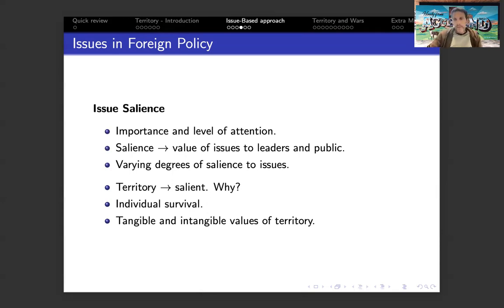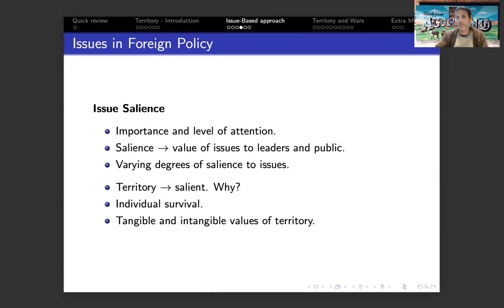So overall, when we think about this classification of the tangible and intangible values of issues, territory has high values in both of those categories. From a tangible standpoint, territorial claims often revolve around lands, of course. Those lands have economic and strategic values, right?